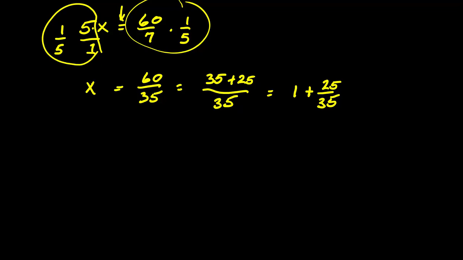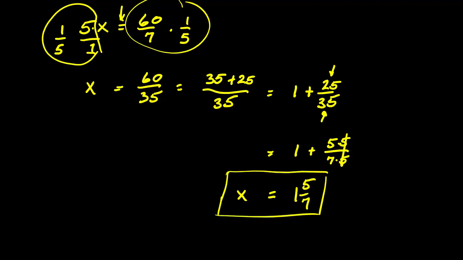Since both this numerator and this denominator have 5 in the ones place, we can factor: 1 plus 5 times 5 over 7 times 5. The 5's cancel out, and that leaves us 1 plus 5/7, and we can write that as a mixed number, 1 and 5/7. Box in our answer.